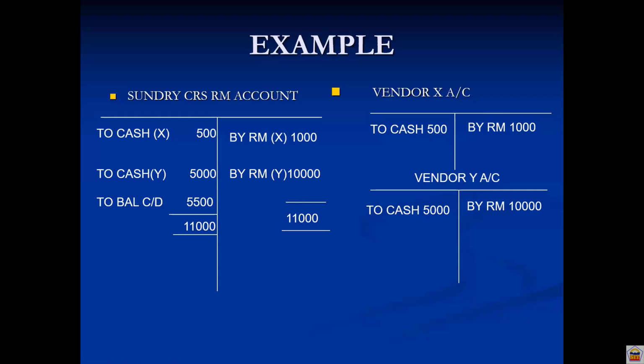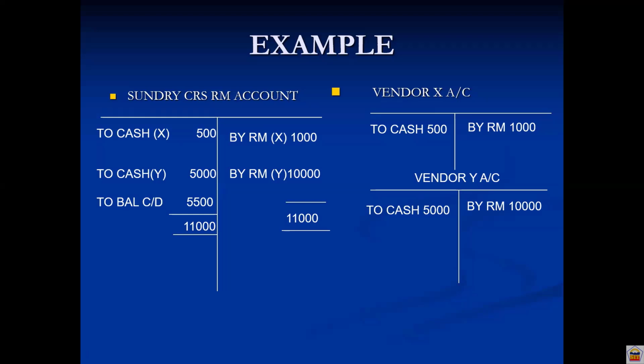Now, at any given point of time, if I need to know my total purchase, my total obligation, what I need to do is go to this vendor account and this vendor account every time and make a total of it. Then I can know my total outstanding. This is possible if we have few vendors.